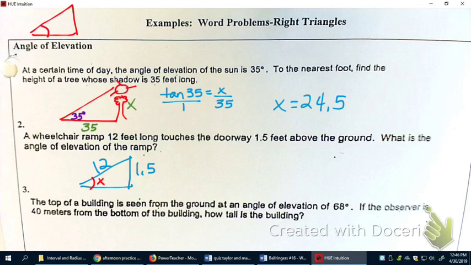So it's the O, right? Yeah. Okay. And then, Logan, what's the 12? Yes. Because even though I didn't draw that 90, that is across from the 90. And Ray, so we have O and H, so which one are we going to use? Sine, good. So we're going to have sine of X equals O over H, so 1.5 over 12. And we've already talked about on this one we have to do the second sine button since we're looking for an angle.